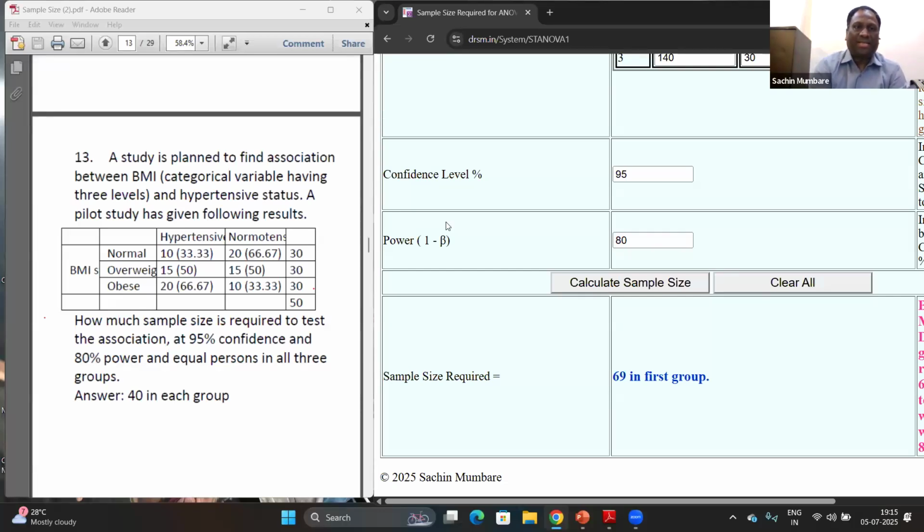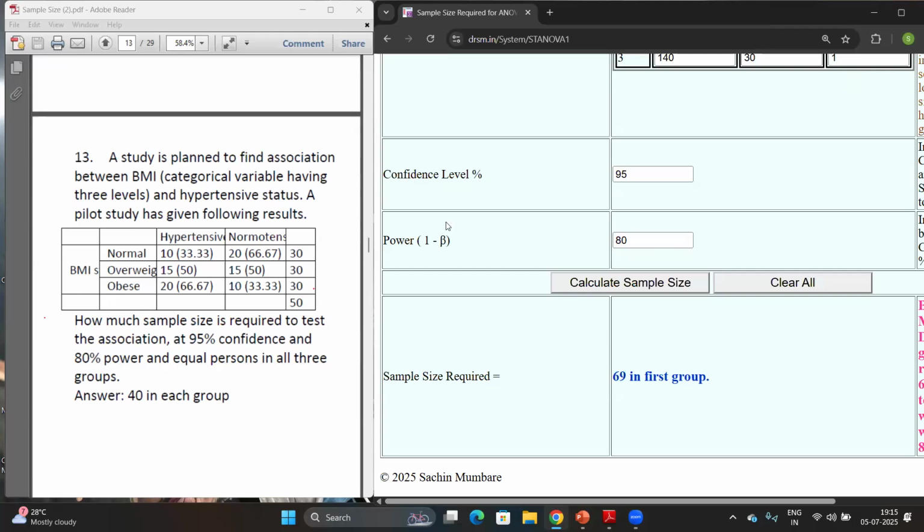A pilot study is conducted in which 30 persons from each of these three BMI levels, normal, overweight, and obese, were selected, and it was determined how many of them are hypertensive and how many are normal.